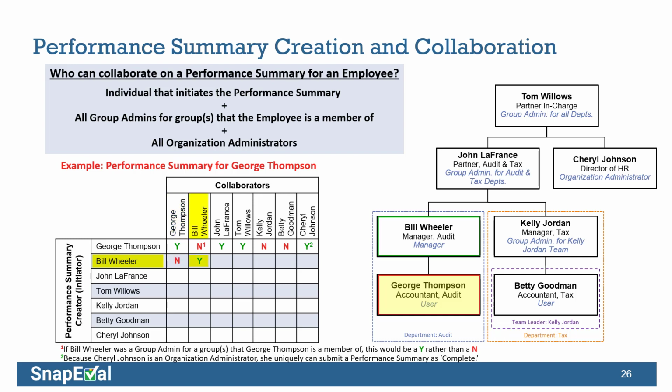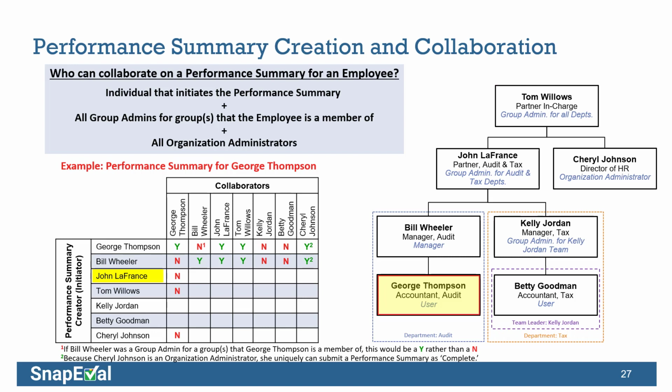Of course, Bill Wheeler himself can participate because he is himself. And so can Tom Willows and John LaFrance because they're both group administrators, and George Thompson is a member of one of their groups, which is the audit department. Just as before, Kelly Jordan and Betty Goodman cannot, and Cheryl Johnson, of course, because she's an organization administrator, can. So this is how the logic works.